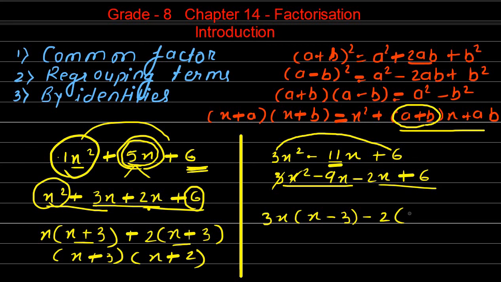And then after taking 2 common, we have x remaining there, and the sign will change because there is a negative sign outside the bracket. So minus, after taking 2 common, we have 3 remaining. And now our first factor is x minus 3, and our second factor is 3x minus 2.